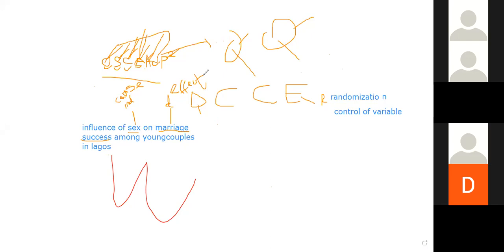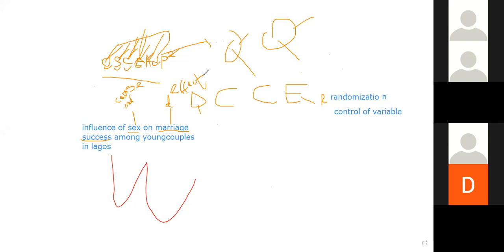I think what the speaker said is right, because sex results in pregnancy, and pregnancy results in giving birth to children. And we all know that the success of every marriage depends on maybe the number of children you are able to have when you're married.